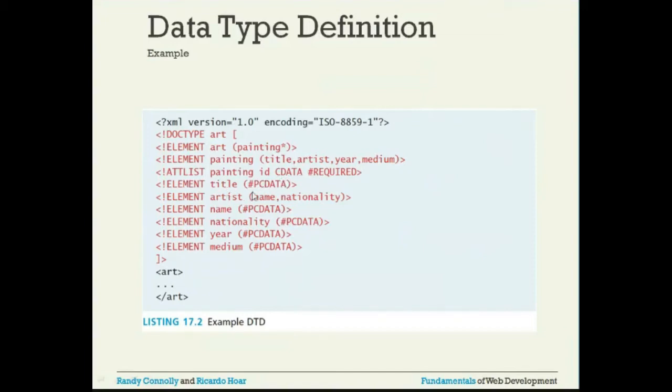Then title, then data we have to give. Artist includes name and nationality, and name will have a value, nationality will have a value. The next element is the year, and it will have the data, and the next element is the medium, and it will have the data. So this is the opening and this is the closing of the XML.